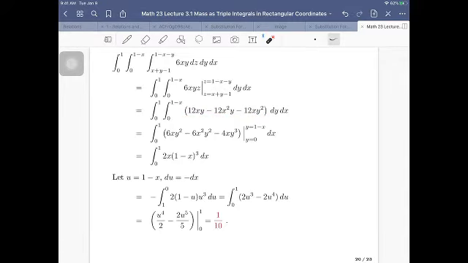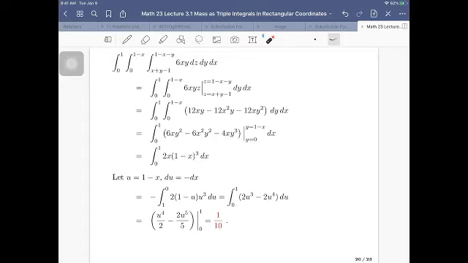And then you evaluate the integral over y again. So for instance, this one, the integral is 6xy squared. This one, the integral is 6x squared y squared. This one, the integral is 4xy cubed. And you evaluate this over y equals 0 and y equals 1 minus x. Do some simplification, you get this.